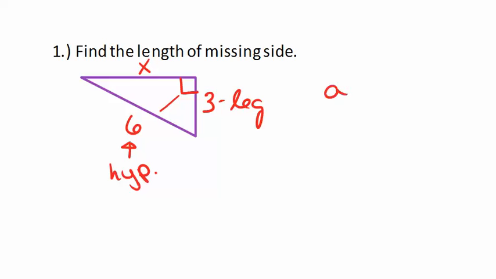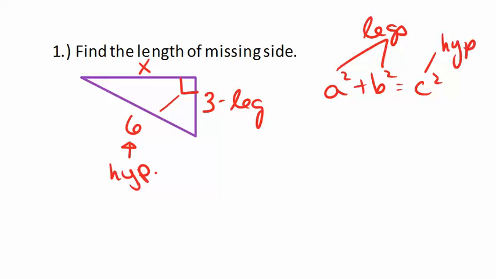So if we use that formula, a squared plus b squared equals c squared, again, a and b refer to the legs, c the hypotenuse, and we basically just plug in. X and 3 get replaced into the a and the b, and the 6 replaces the hypotenuse.